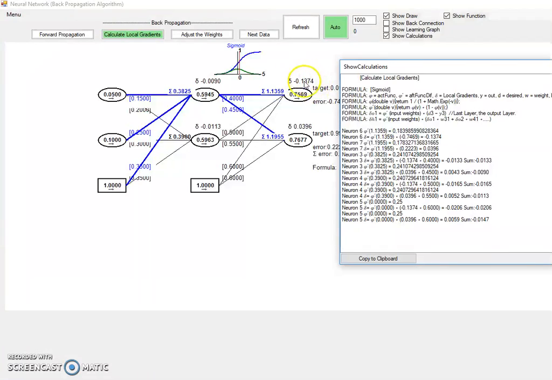So it's this one times that, plus this one times that, and of course times the differentiated value. So this value here is almost 0.25 times this, plus this times this one and this one. So that gives us this value. So that was calculating the local gradients. Now we know the influence of this node.